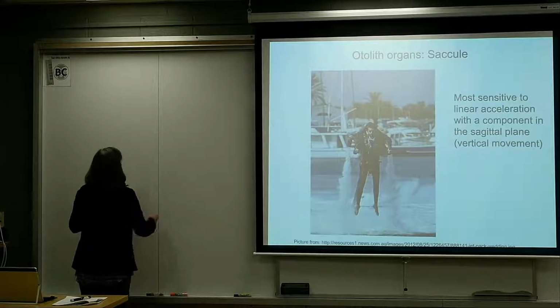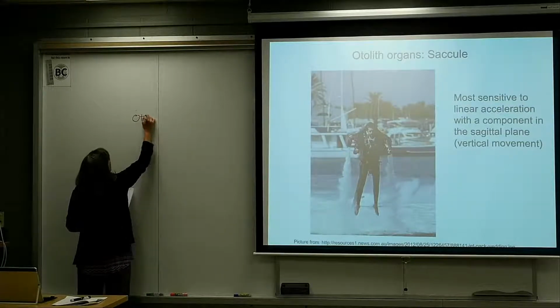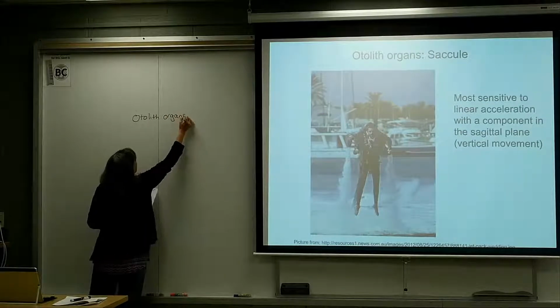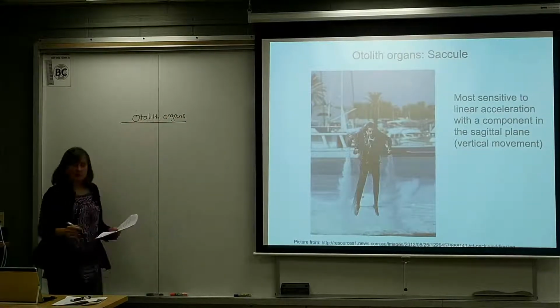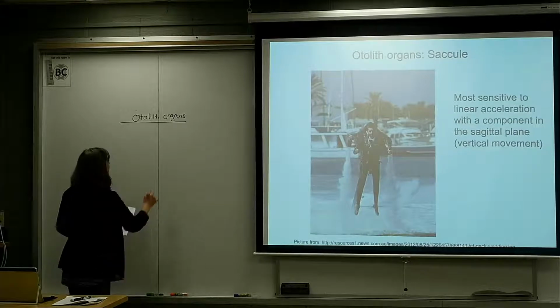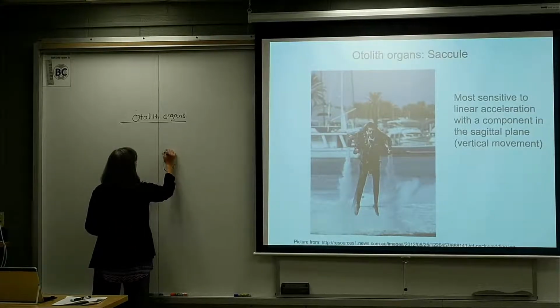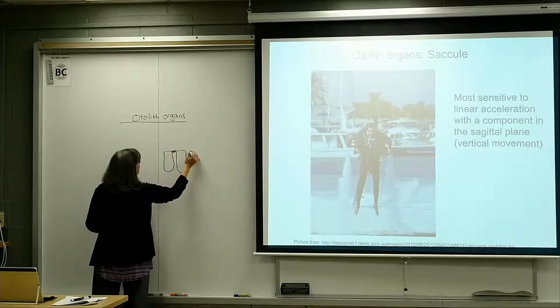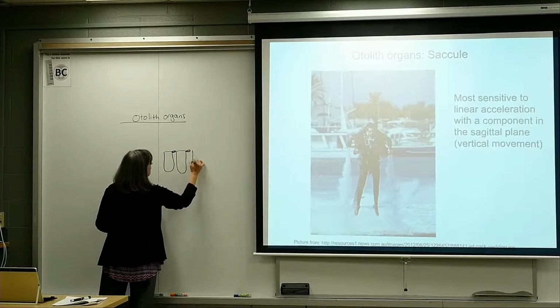It turns out that otolith organs are very similar to our semicircular canal organs in that we have hair cells, and we have hair cells that are connected by tight junctions.